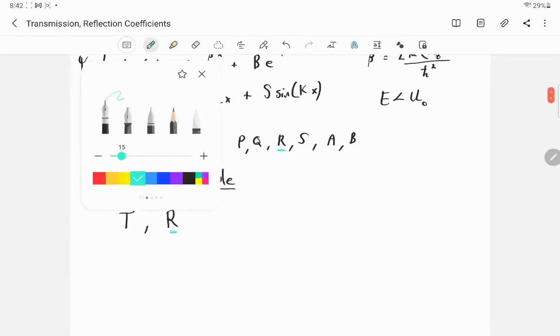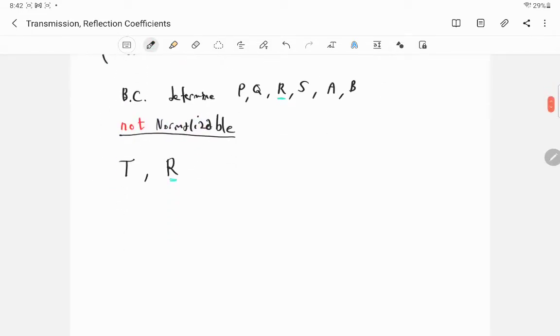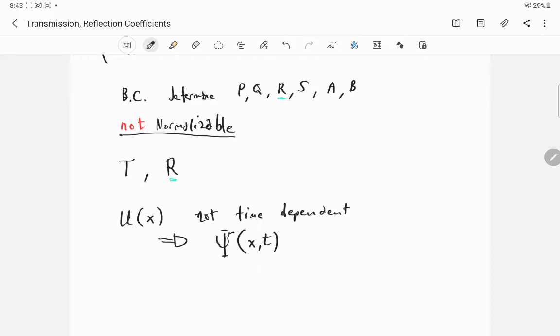Okay, so I'm going to make some arguments. Remember that for potentials that only depend on space, not time dependent, this implies that we can write down a time-dependent wave function that would solve the time-dependent Schrödinger equation.